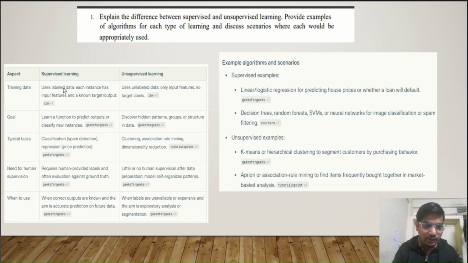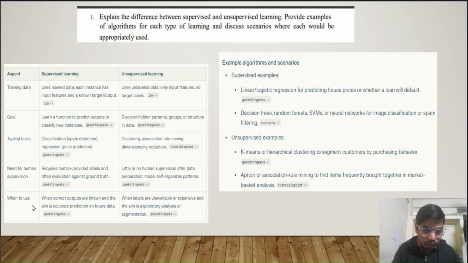Supervised learning includes typical tasks like classification or regression, whereas unsupervised learning includes tasks like clustering, association rule mining, dimensionality reduction, etc. Supervised learning requires human-provided labels and often evaluation against ground truth, whereas unsupervised learning requires little or no human supervision.